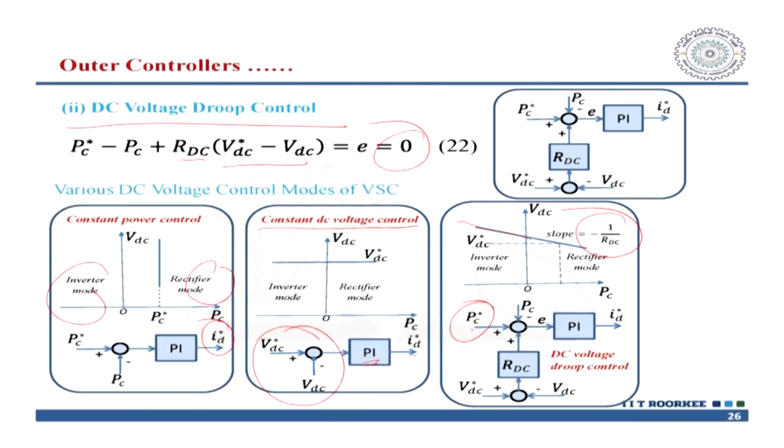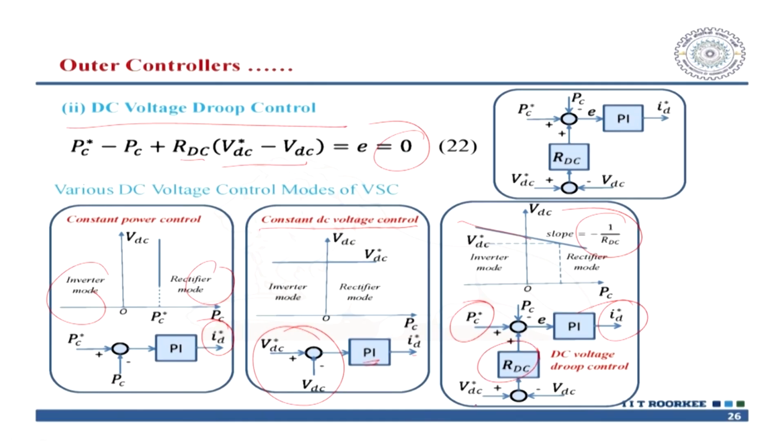This is the reference power of the converter, this is the actual power of the converter, and the difference will be the error that is fed into the system, that is the ID star. The direction of the ID star will depend on whether you are operating in the converter mode or the inverter mode, and you have IRDC.